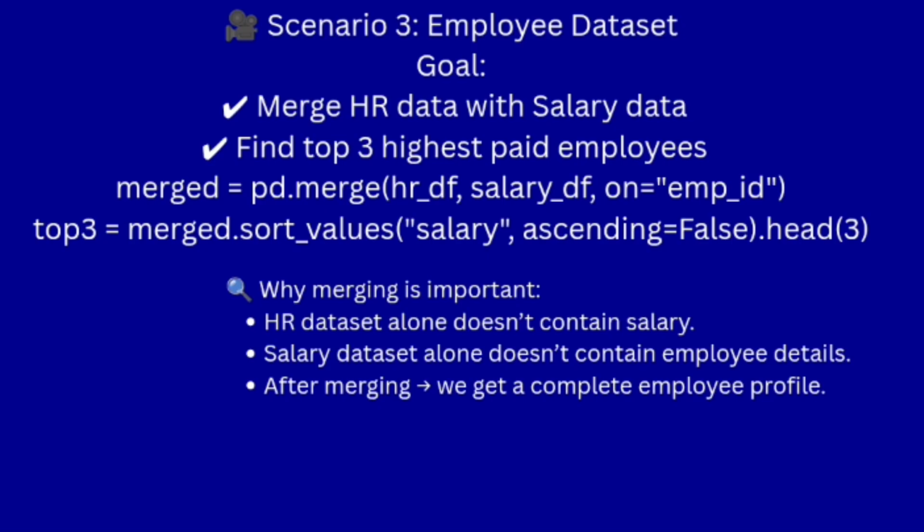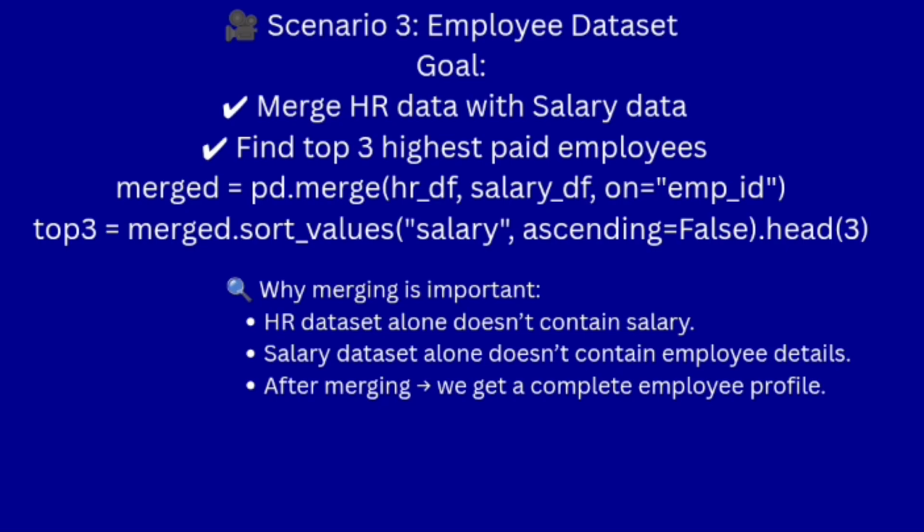Next scenario is the employee data set. Here there are two data sets, that is HR data and employee salary data. We need to merge both data sets and get the top 3 highest paid employees. For this, the condition we used is merged is equal to pd.merge, HR df is the HR column and salary is the salary column, and we merge on employee ID.